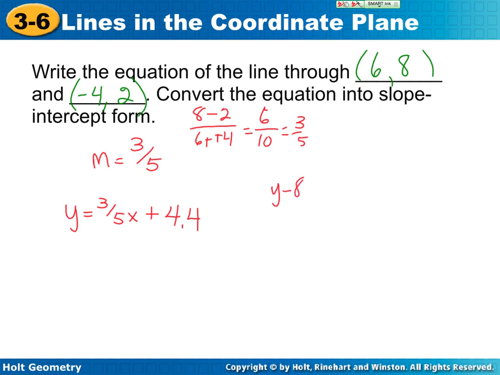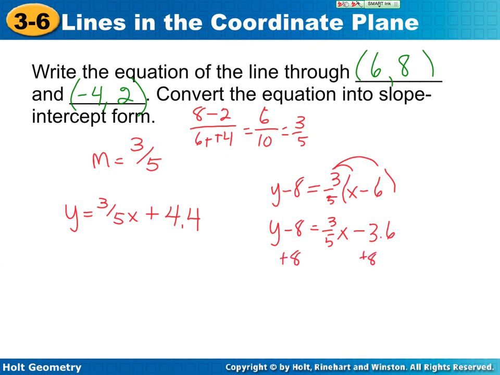If I go y minus 8 equals 3/5 times x minus 6, when I distribute here, y minus 8 equals 3/5 x minus, I did like 18/5. Maybe you went to a decimal right there. If you went decimal, that was what, 3.6? Then add 8. And y equals 3/5 x plus 4.4.